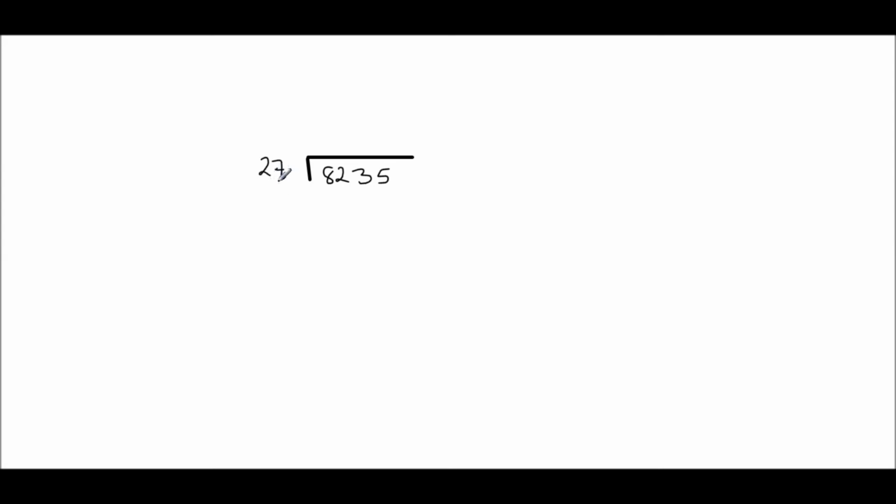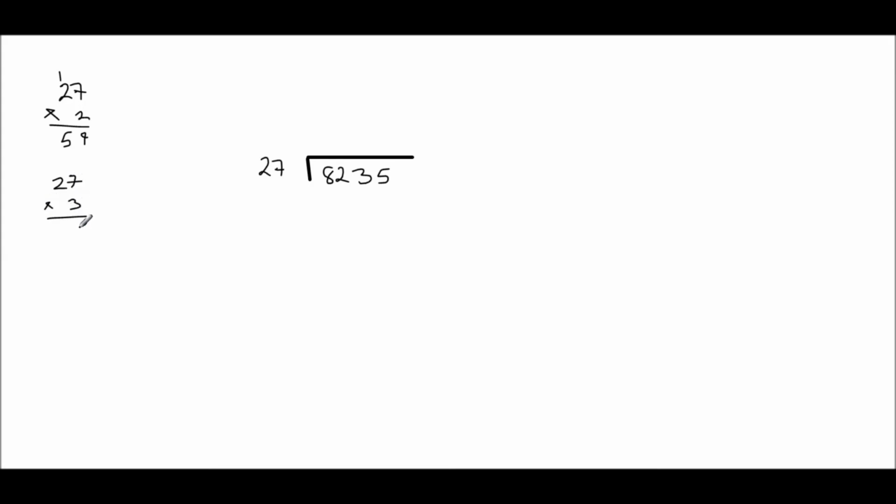So we know that 30 could go in there at least 2 times. So we're going to estimate now that 27 by 2 will give us 2 sevens 14, carry 1, 2 twos 4 and 1, that's 54. 54 is still less than 82, so maybe we could try 3.